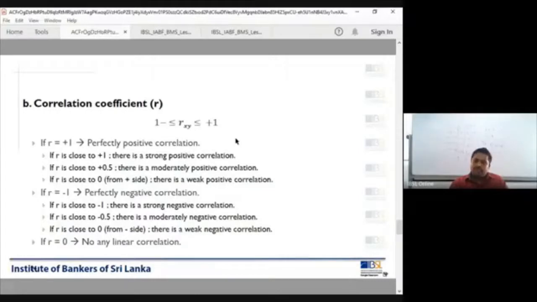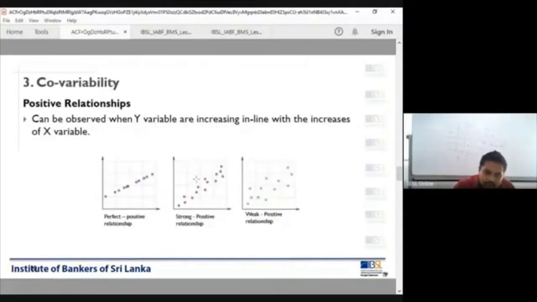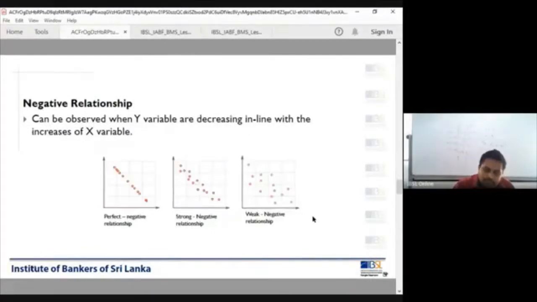This is what is important to keep in mind. +1 to -1. Now, for the values of Rxy to have a +1 or a plus value implies it has a positive correlation. You could recall in our graphs earlier, instances like this, positive correlation.